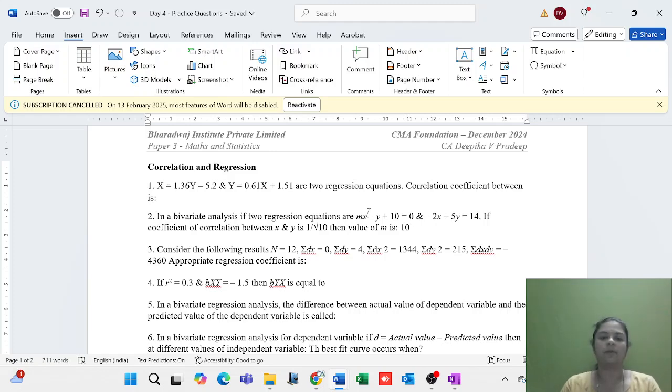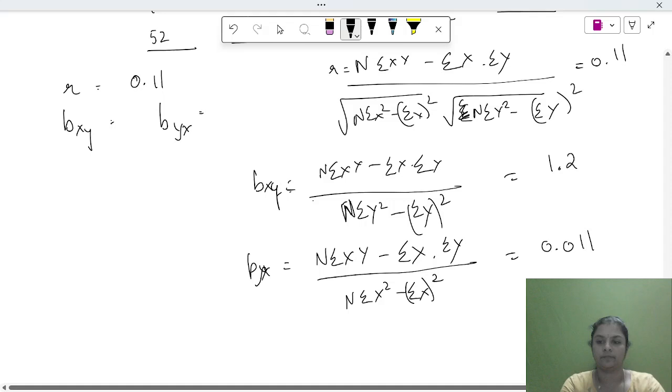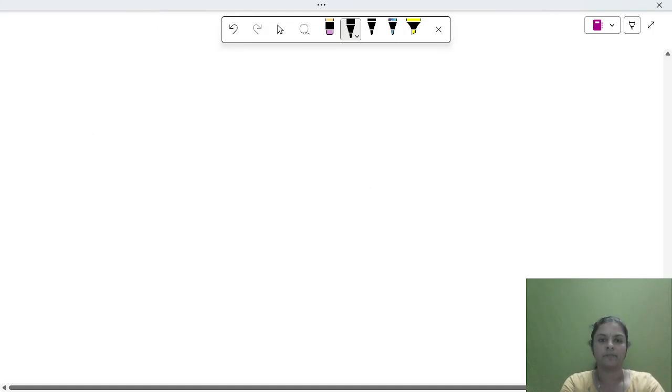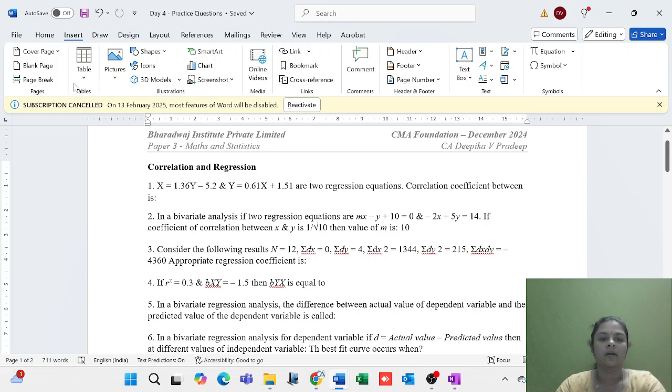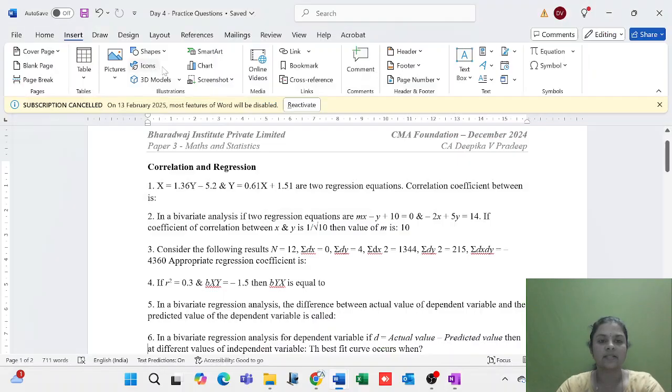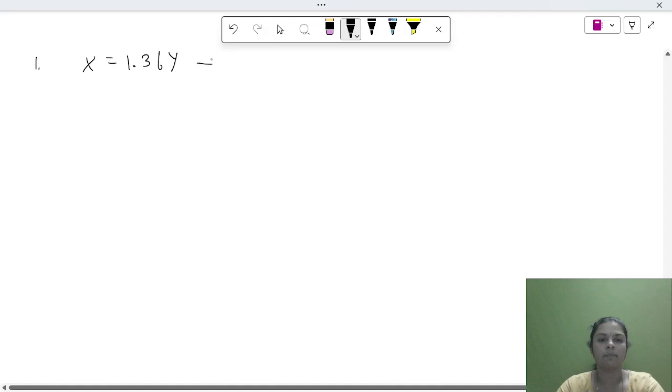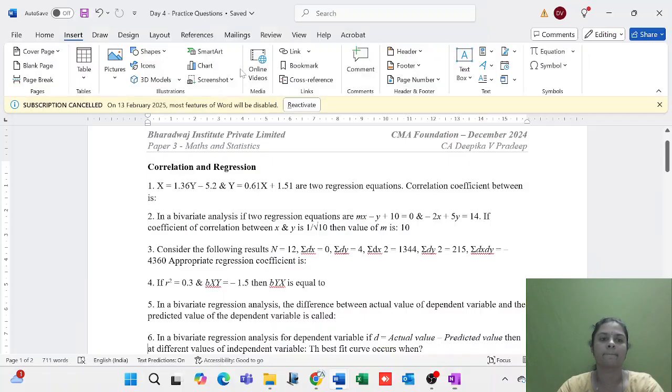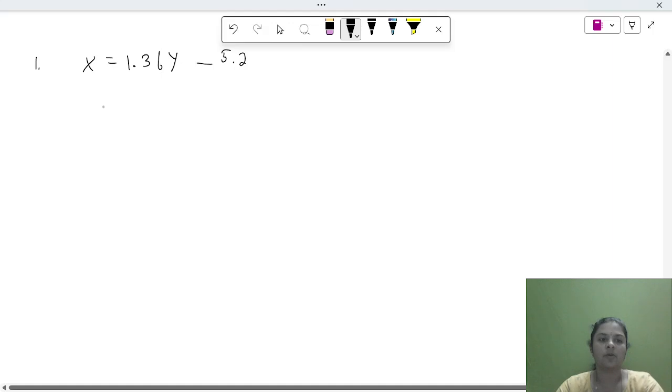Now how do you calculate this? The equations are x is equal to 1.36y minus 5.2 and y is equal to 0.611x plus 1.51.